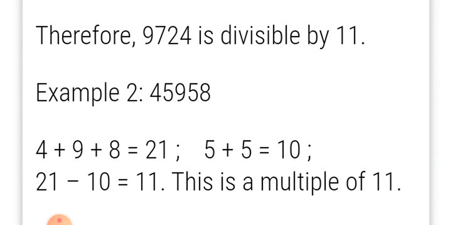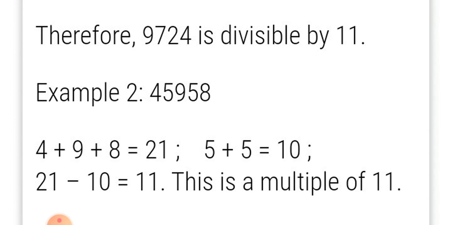The number 11 is a multiple of 11, isn't it children? We know the multiples of 11 means 11 into 1, 11 into 2, 11 into 3, 11 into 4. That is 11, 22, 33, 44, 55, 66, 77, like that. If you get any one of these numbers, then that number will be divisible by 11. Clear?